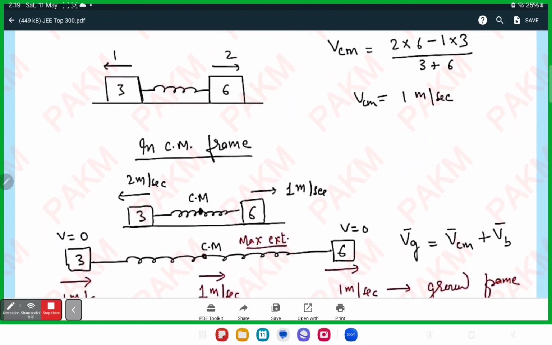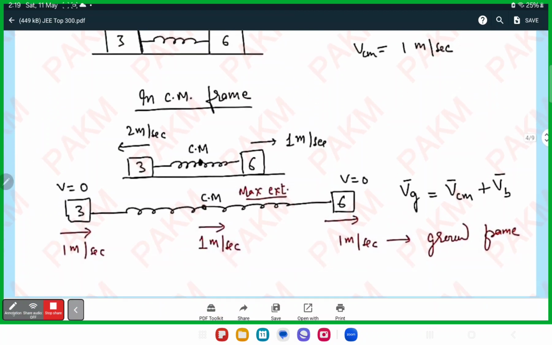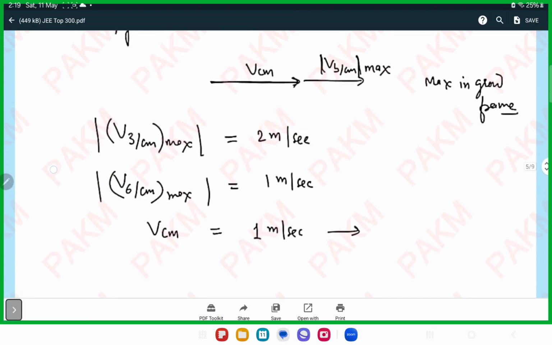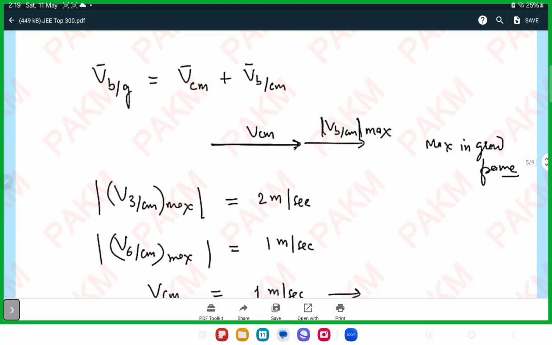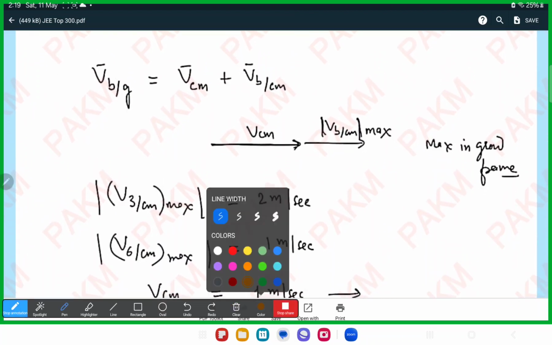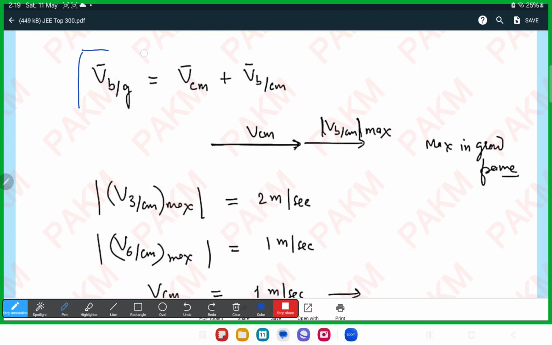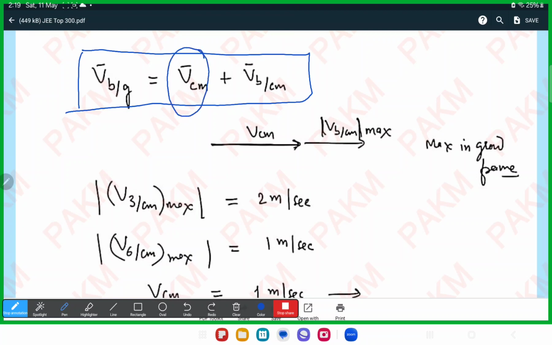We can say, now this is given already. Fine. So with respect to the center of mass, if the block is at max velocity, we will get the max velocity of the block, and when the block is at min velocity, we will get the min velocity of the block.